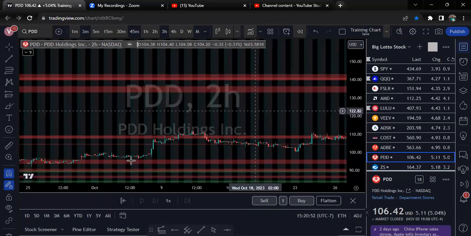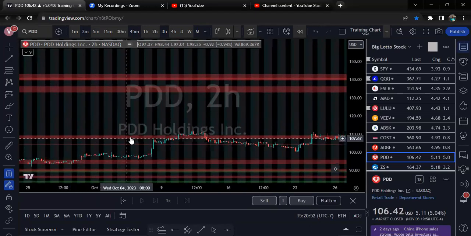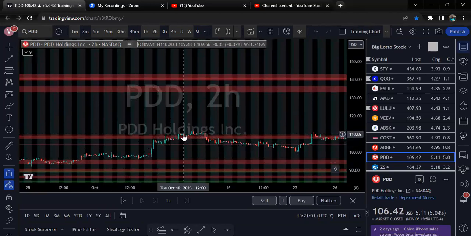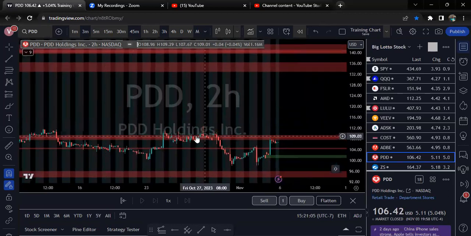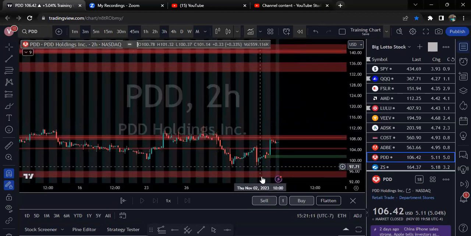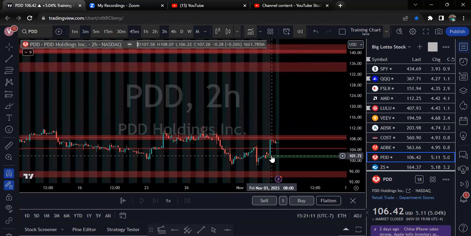Okay, so from here, this day, we came from this. This was also previously a supply zone. So now your supply zone becomes your resistance. You're headed back to that level. So we didn't break it. We came down to another one here, a tiny one. Okay, then we went back to this, came down, went back, we rejected this. There was a demand zone here, went back to this level.